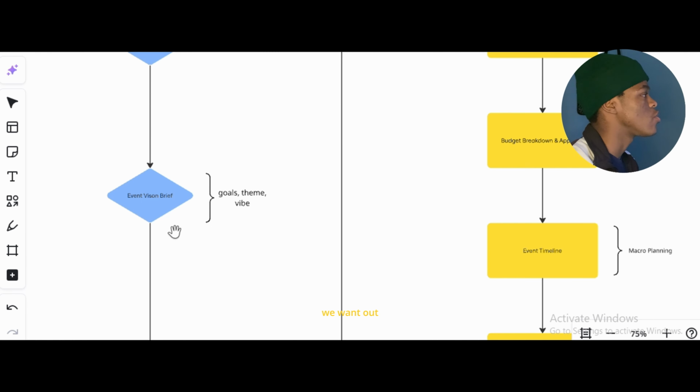What do we want out of the event? What will be the theme of the event? Is it an all black? Is it a gala? Whatever it is, in this process we define what it actually is.